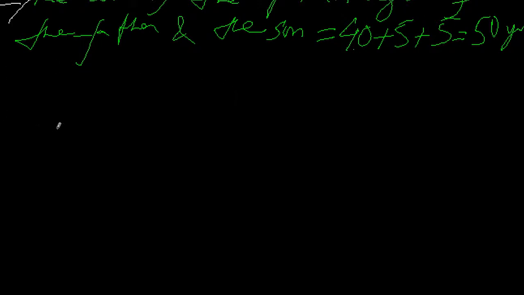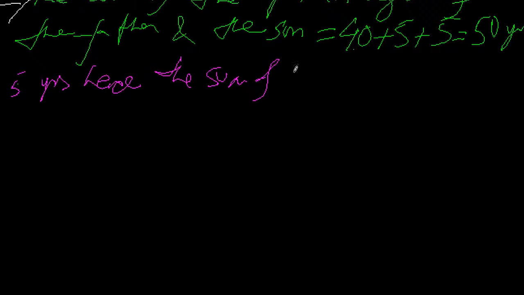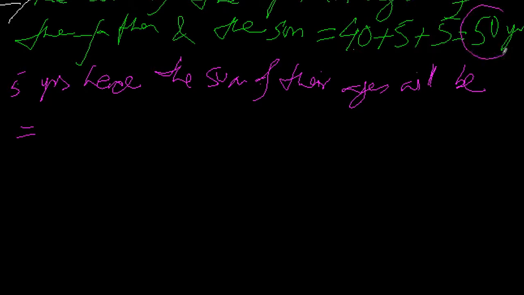Next I see what happens after 5 years. That means 5 years hence. Let me use another color here. 5 years hence, what happens? The sum of their ages will be equal to, see, we have got that the sum of the present ages is 50.